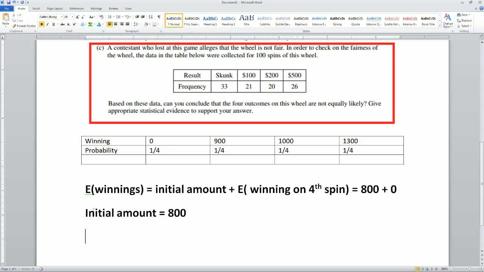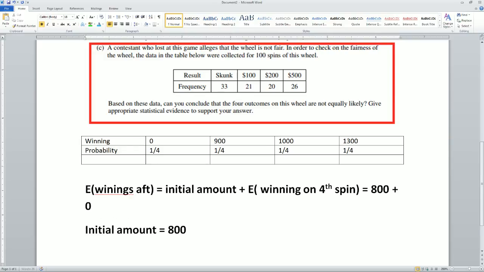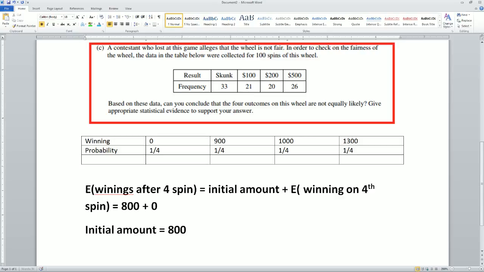What is her expected winnings after the fourth spin? $800, which is the same, correct? So should she spin? No, because it neither increases nor decreases, so it's her choice. Yeah, no, she shouldn't spin. That's what I'm telling you, because the expected value is the same.